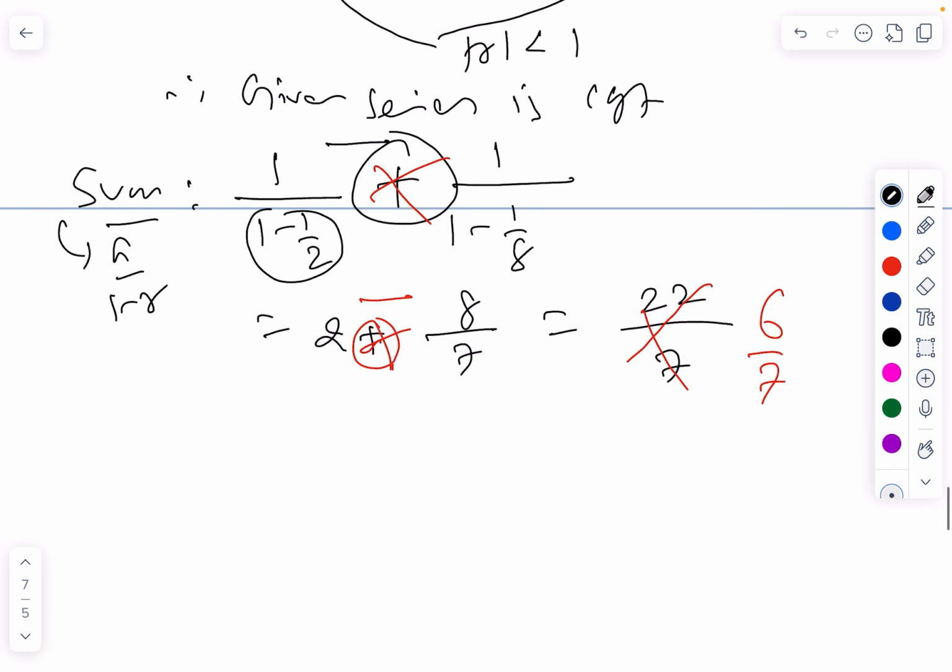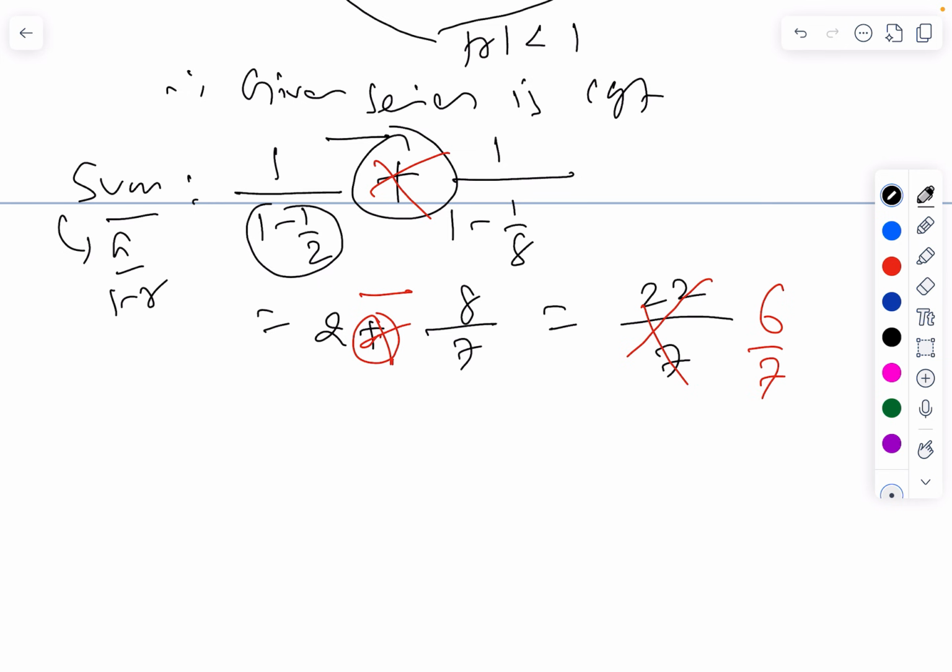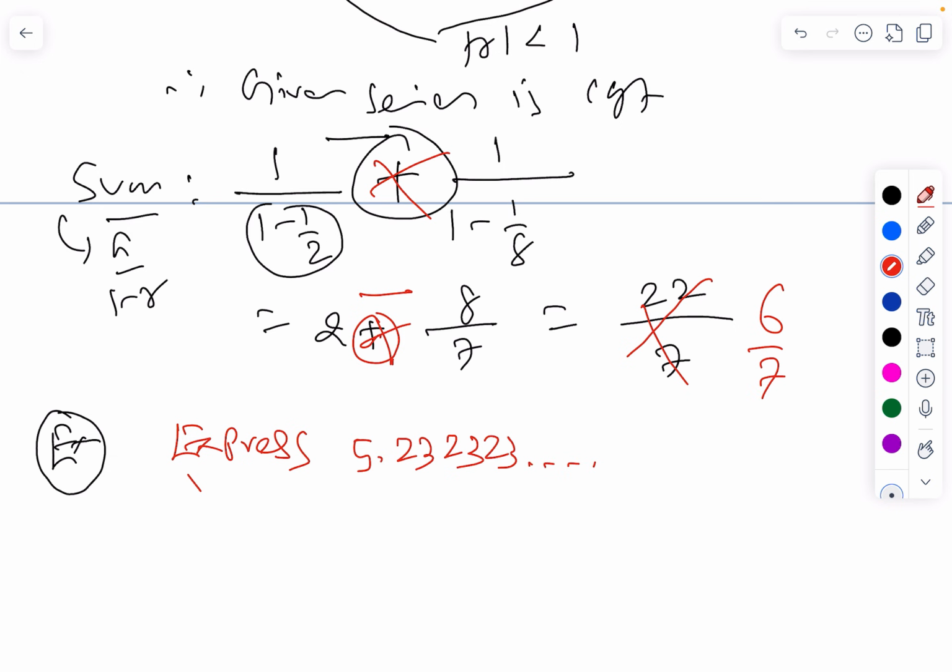Okay. So this is about the geometric series. There are some applications. So one application is like this. Express 5.23223 and so on infinitely. This is a rational number.